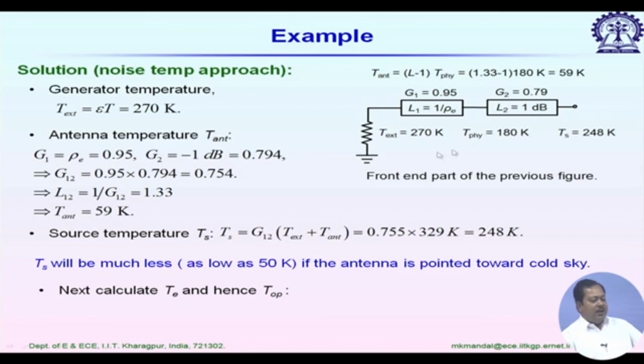Then the source temperature Ts for these three components all together is equal to G12 multiplied by T external, because the noise generated by this external source or the resistor is being propagated through the antenna and that waveguiding section. So Ts equals G12 into T external plus T antenna, or put the values, it becomes 248 Kelvin. So Ts is 248 Kelvin.